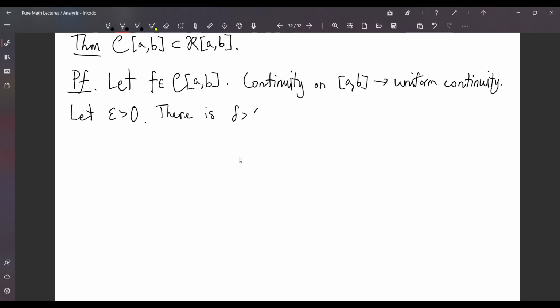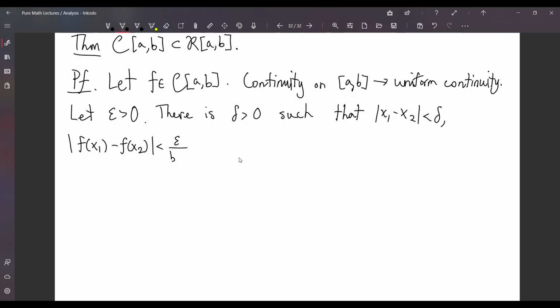So there is delta greater than 0, such that, so now we're going to use the definition of uniform continuity. This says that whenever my x values are within delta of each other, I know that the f values are going to be within, I can really choose any positive quantity.